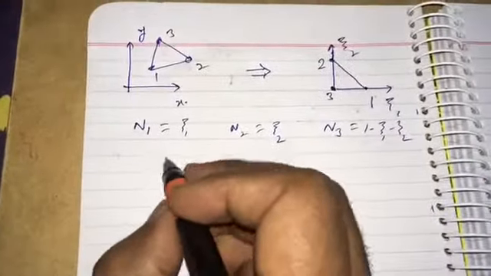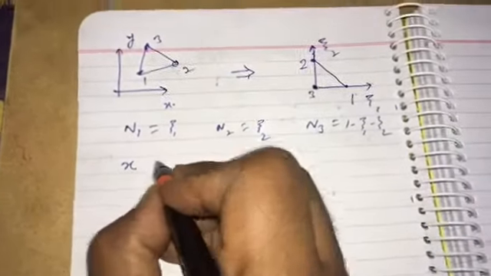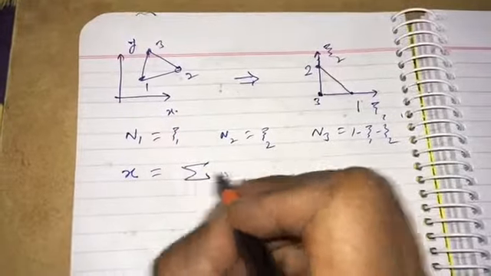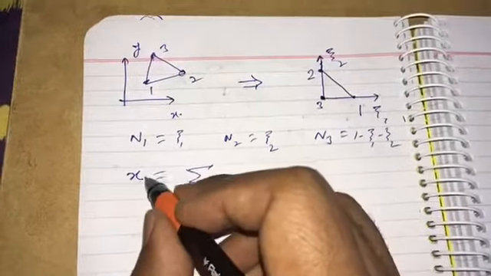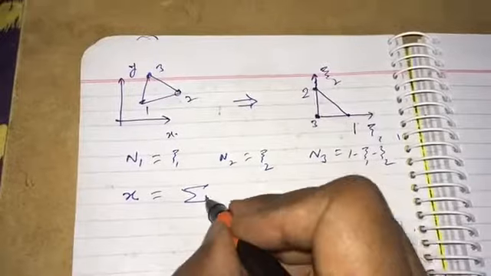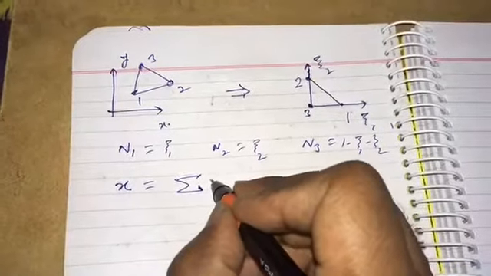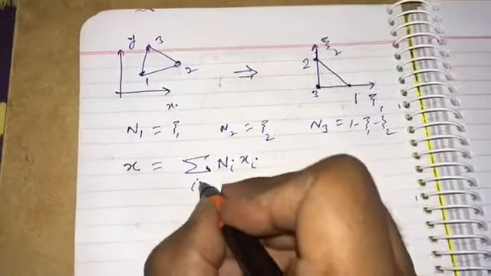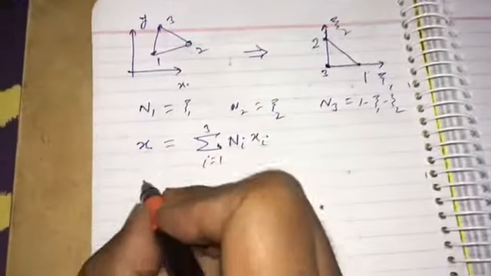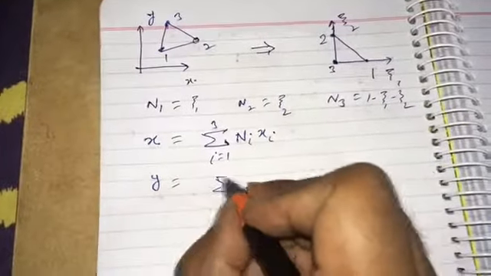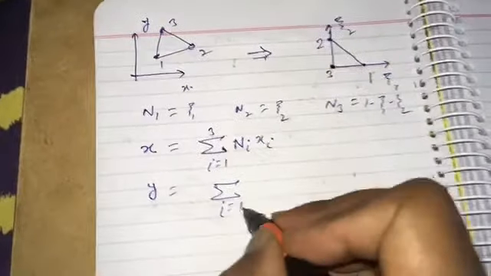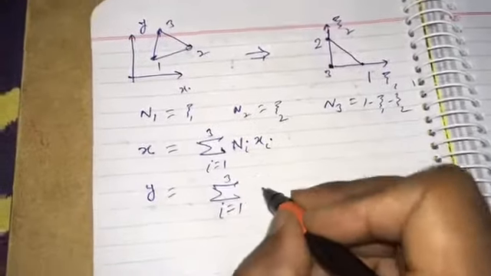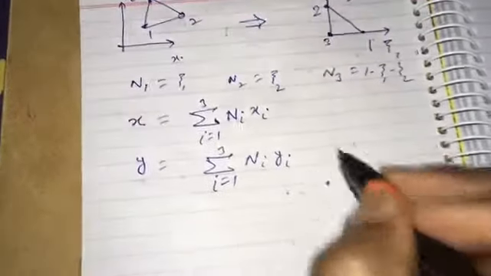For that, first we can write x as a function of xi1 and xi2. So x is equal to the summation over I equal to 1 to 3 of N I x I, and similarly y will be the summation over I equal to 1 to 3 of N I y I.